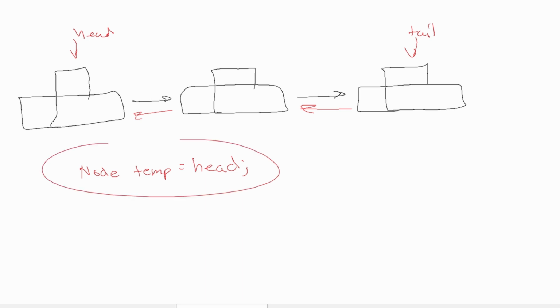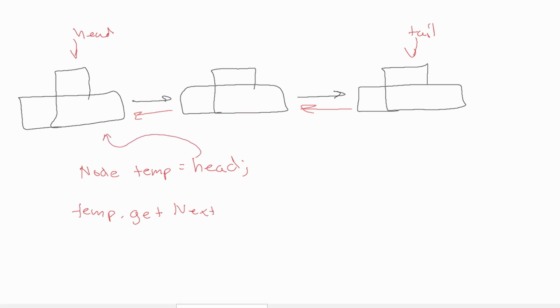So after we've made this right here, we're going to do this outside of our if statement. That way we can actually also use this in our else statement if it's not an if. So node temp is equal to head, and then we are going to do temp dot get next. So we are going to get the next node, which is going to be here. Currently head is pointing to here. Now we are going to get here.